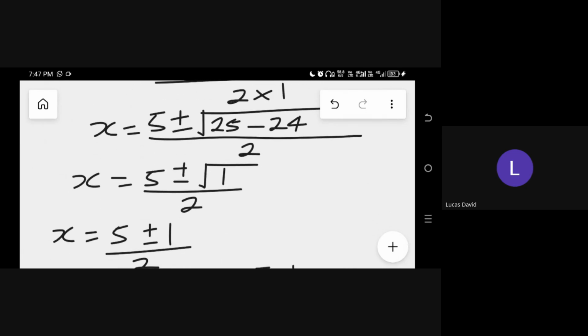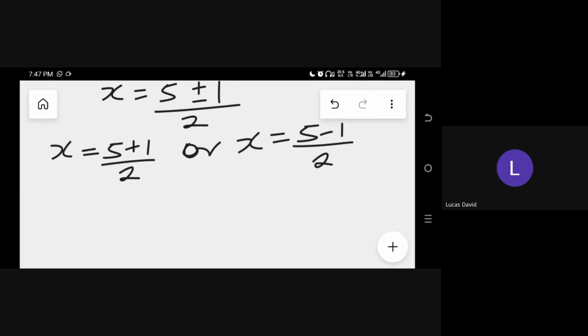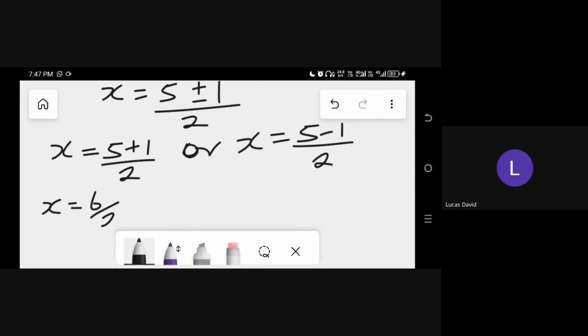So when you get to this stage where you have s equals 5 plus or minus 1 over 2, you separate them, one side plus, one side minus. So you say 5 plus 1 over 2, or 5 minus 1 over 2. That's what you do. And then here you have s is equal to 5 plus 1 is 6, 6 over 2, or s is equal to 5 minus 1 is 4, so 4 over 2.